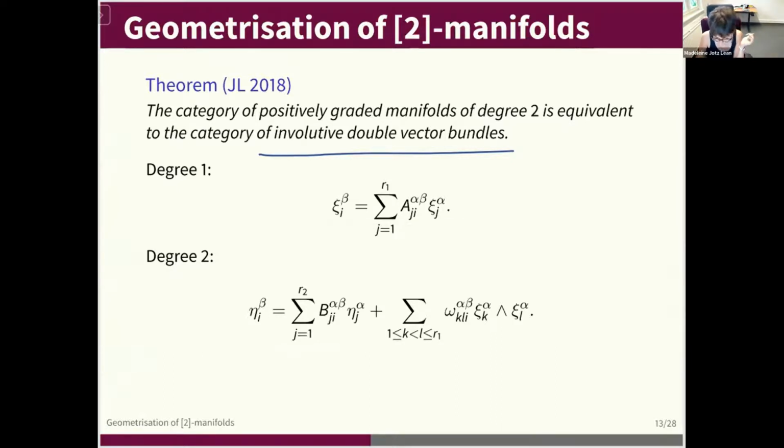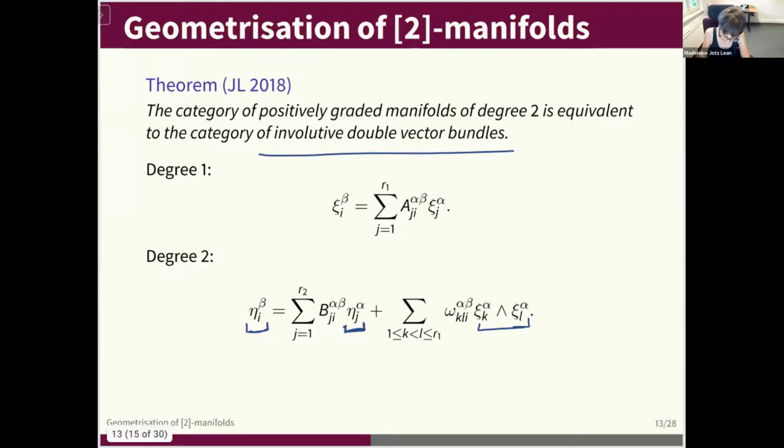But when you do the same for degree 2, the generator of degree 2 on the chart U beta is going to be a linear combination of generators of degree 2 of the chart U alpha, which are not only these guys of degree 2, but also products of guys of degree 1.